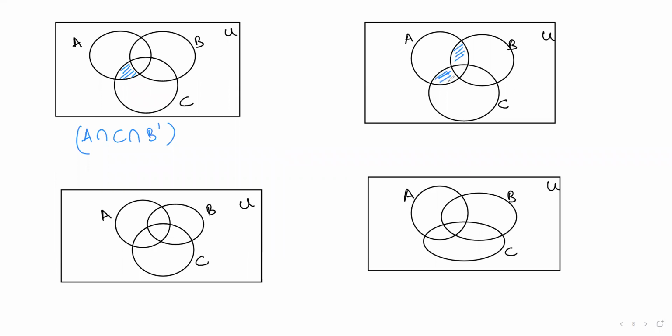So by default, you'll have to unite the three values. So you'll end up with A intersection B intersection C complement union A intersection B complement intersection C union A complement intersection B intersection C.